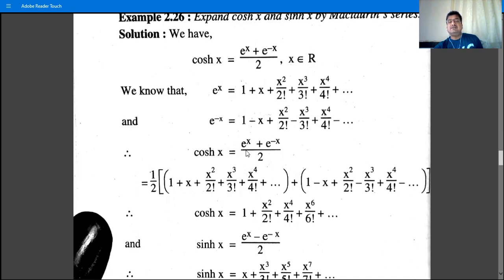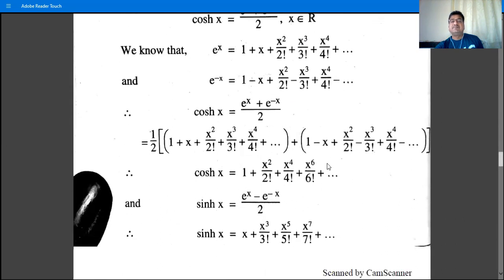Then cosh x is e raised to x plus e raised to minus x by 2. That is 1/2 into the expansion of e raised to x plus the expansion of e raised to minus x. Then addition: 1 plus 1 is 2, and x minus x becomes 0. The x square by 2 factorial becomes 2 times x square by 2 factorial.